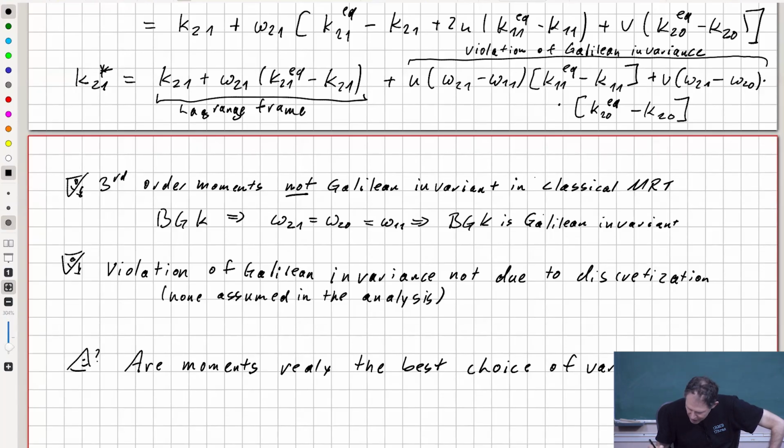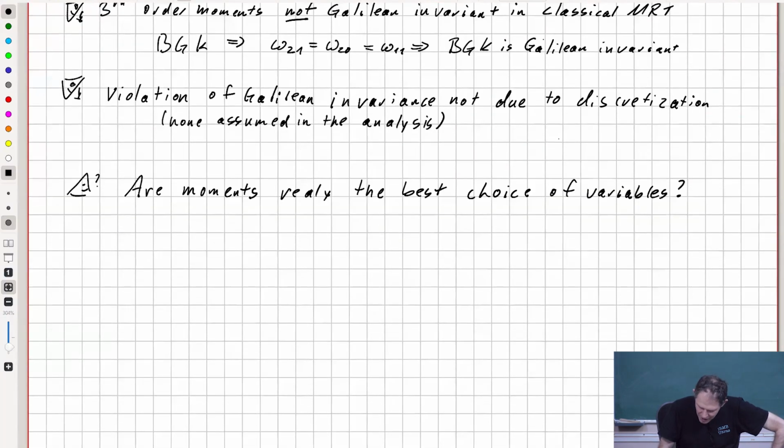Of course, I wouldn't ask this question if I didn't have an opinion about this. But I can assure you that still many people in this field assume that moments are the best choice, but moments can be different things.